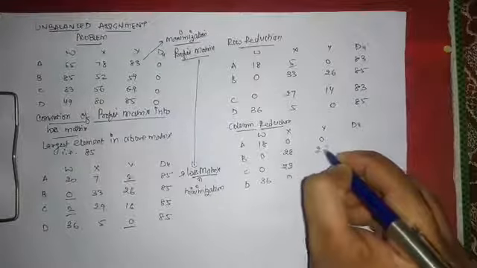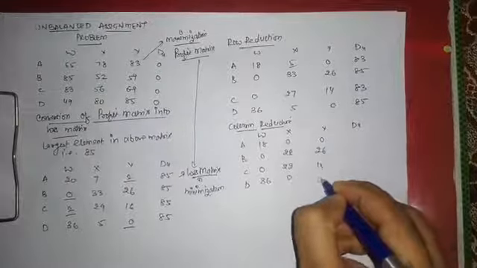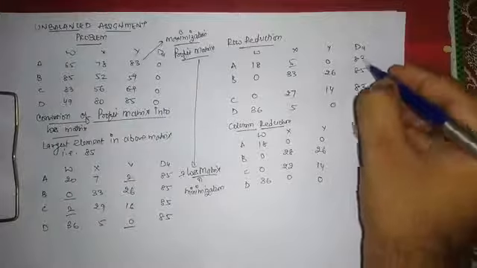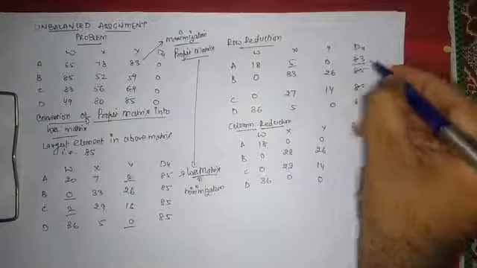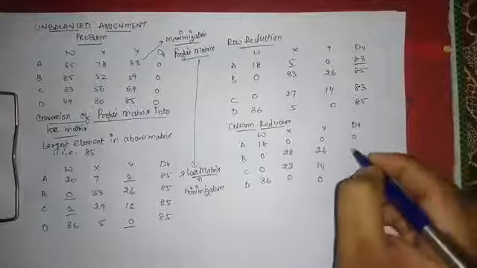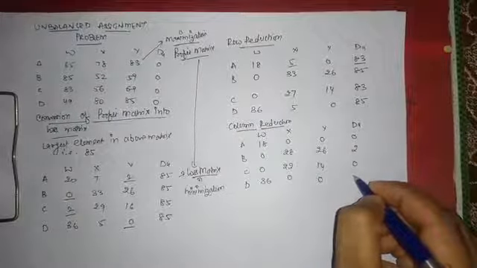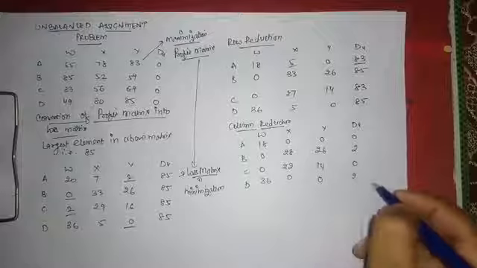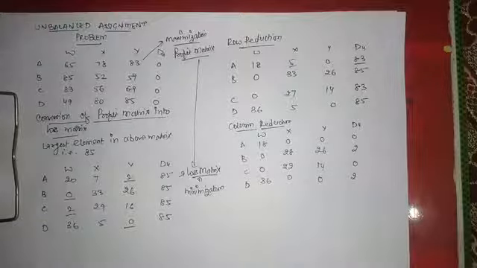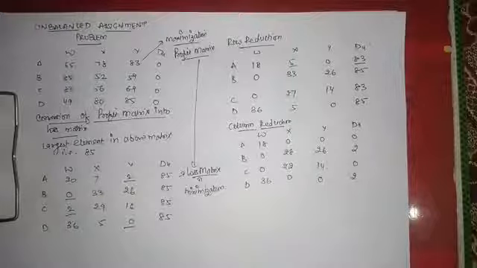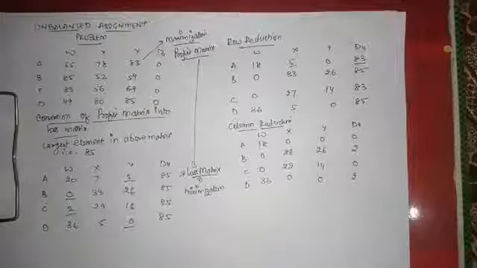Again 0, 26, 14, 0. The smallest element is 83, so 0, 2, 0, 2. Now we have performed row reduction and column reduction, and our third step is making assignment.